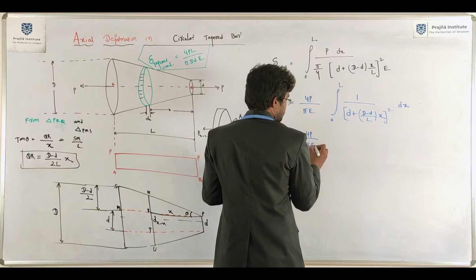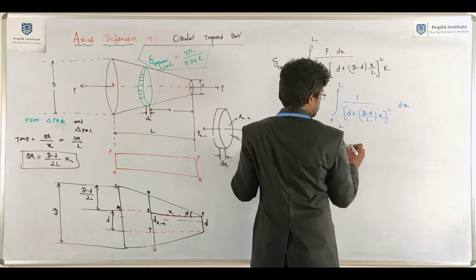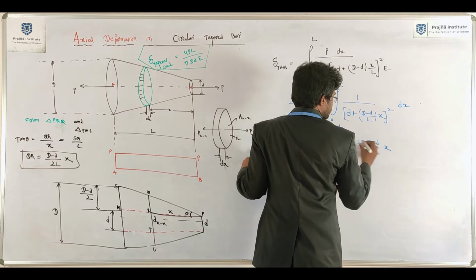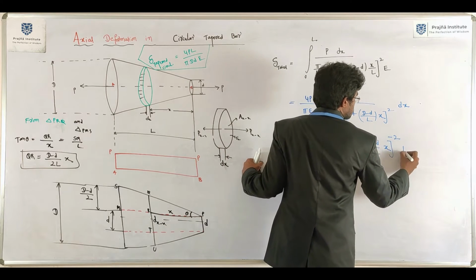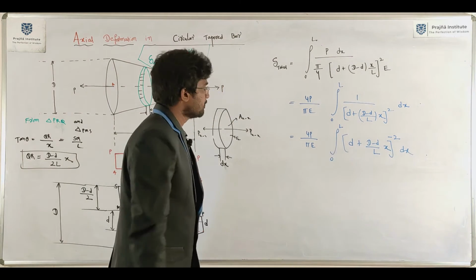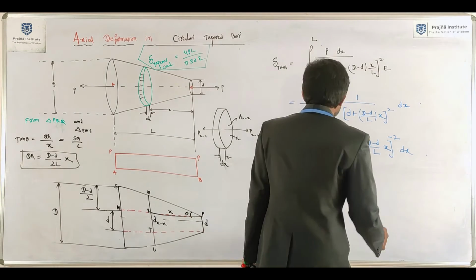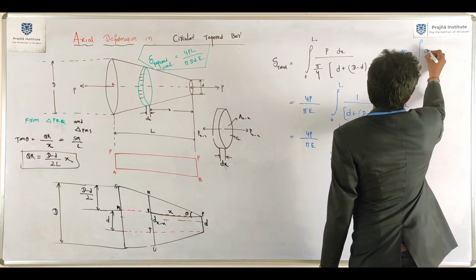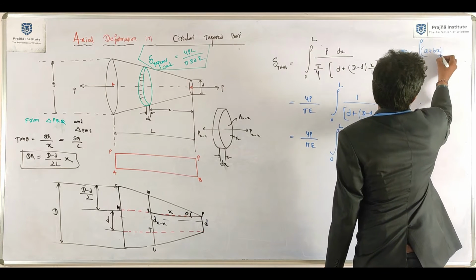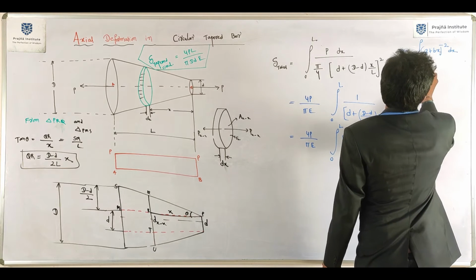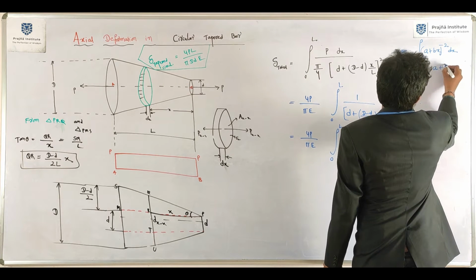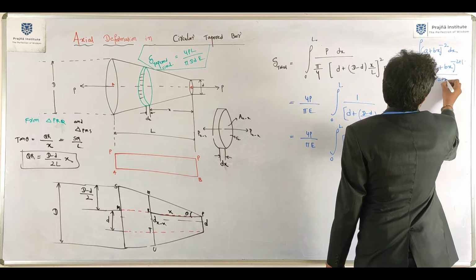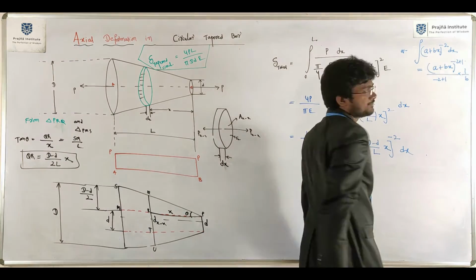4P by pi E, integral of (d plus (D minus d) by L into x) whole power minus 2 dx. Correct? Now we know that the integral of (a plus bx) whole power minus 2 dx equals (a plus bx) whole power minus 2 plus 1, by minus 2 plus 1, into 1 by b.